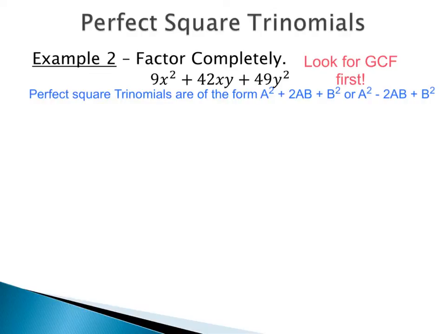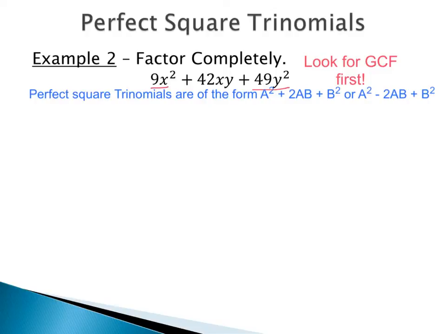So in this case, the 9x squared and the 49y squared. If each of those terms are perfect squares, that might be a clue that your trinomial is a perfect square trinomial. So the fact that 9 is a perfect square, 3 squared will get you 9, and that 49 is 7 squared, is a clue that this might be a perfect square trinomial.